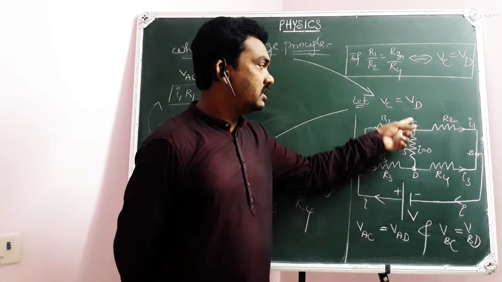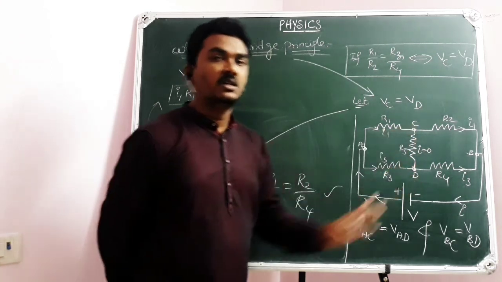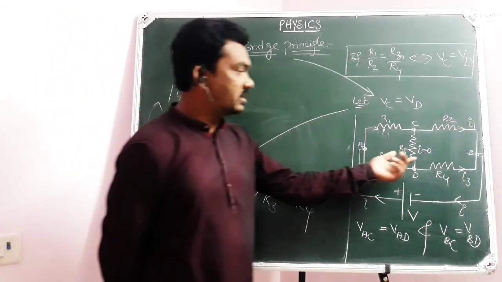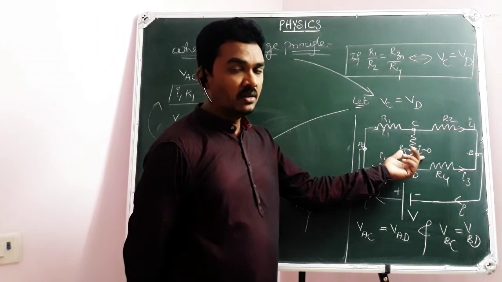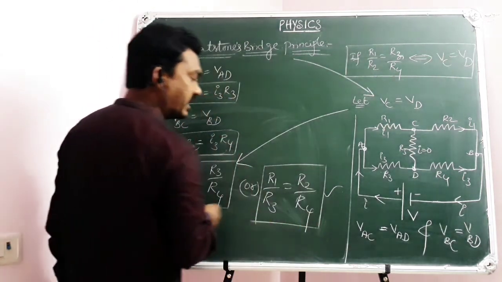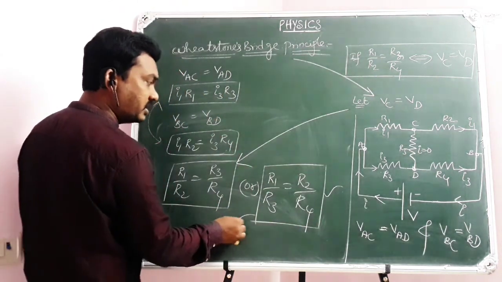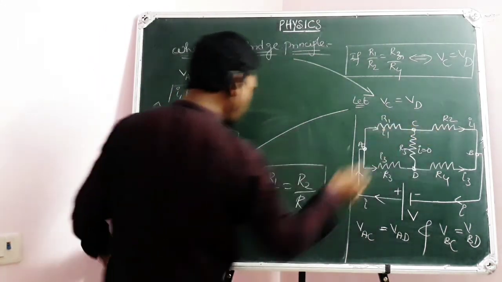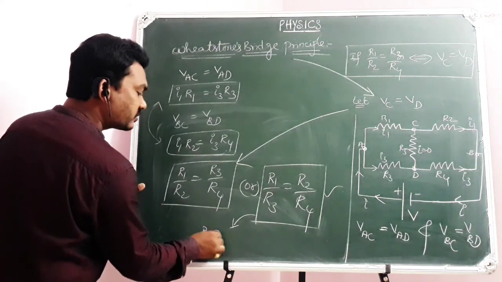However, if C and D are at equipotential, then current through R5 will be 0. So you can delete this. This will be ineffective. So what? When this equation is satisfied, this implies, as this is going to be ineffective, R1 and R2 will be in series.